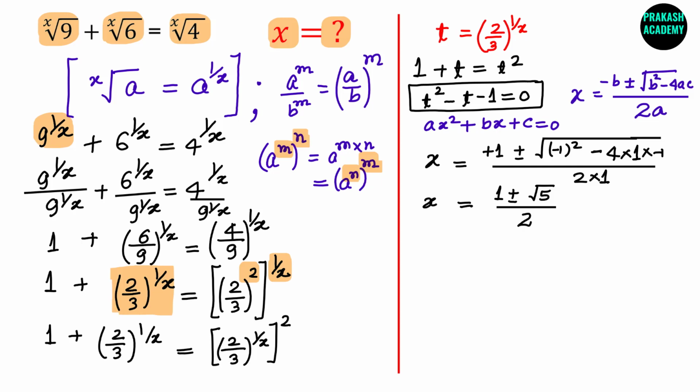So in this case we have two values, one positive and another negative. Now see, we have assumed that this is basically t, not x, because this is the solution for this equation.